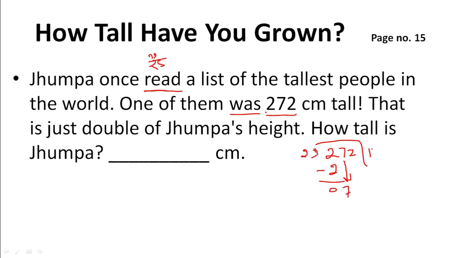Now 2 threes are 6. 7 minus 6, 1. 2 down. 2 sixes are 12. 12 minus 12, 0. So 136. So the height of Jumpa is 136 centimeter.